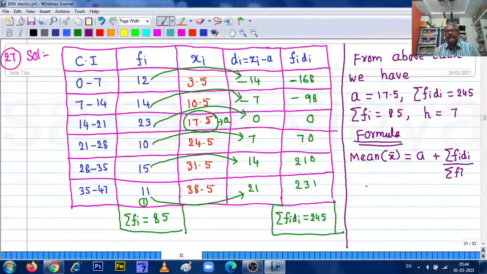So now this equals 17.5 plus sigma Fi di is 245, this sigma Fi is 85. 5 17s are 85, 5 4s are 20, and next 5 9s are 45. This is 17.5 plus 49 upon 17.